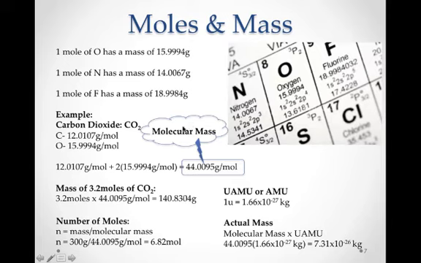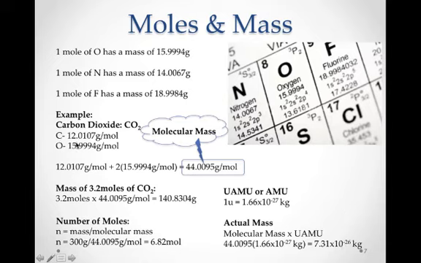If we can find the molecular mass, and you can pause the video and recall how to do that, once we know the molecular mass, we can simply multiply that molecular mass by the atomic mass unit of 1.66 times 10 to the negative 27 kilograms, and that'll give us the actual mass of a particular molecule.